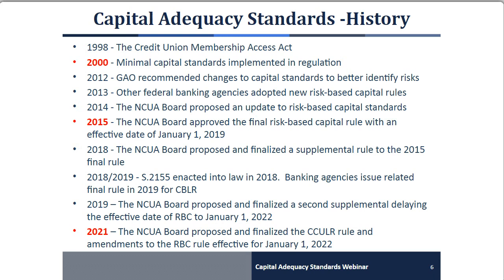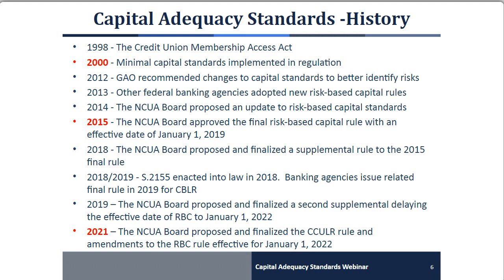As you know, the current capital framework has evolved since 1998, when Congress enacted the Membership Access Act, which required the NCUA board to adopt by regulation a system of prompt corrective action to resolve the problems of insured credit unions when the net worth of a credit union declines below certain levels. The NCUA board initially implemented this required system of PCA in the year 2000.